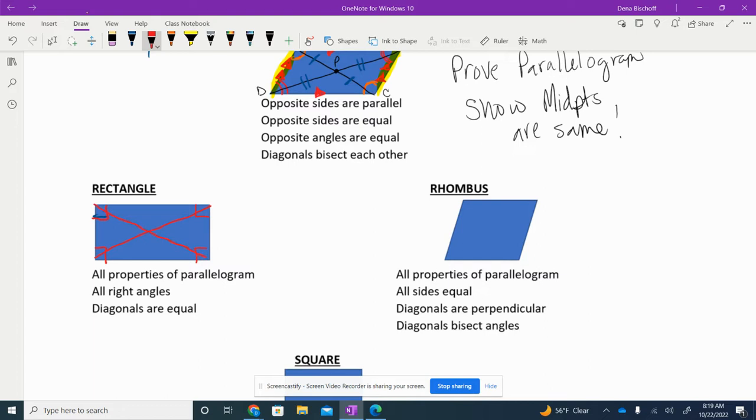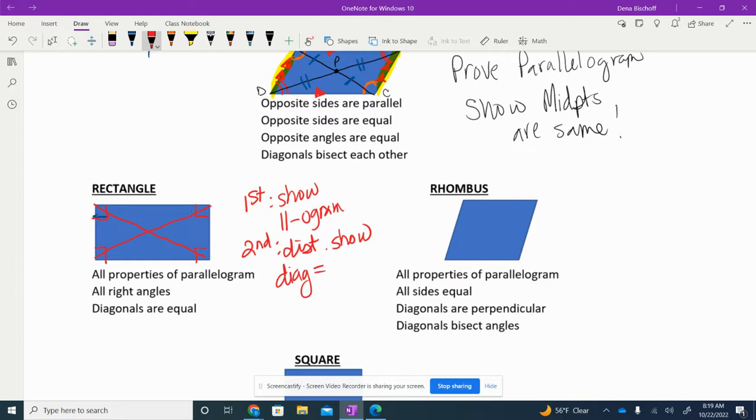If I were to prove that I had a rectangle, I would first show that it's a parallelogram. Remember, those two lines next to each other mean parallel, it's not 11. So I would show that it's a parallelogram, and then I would use the distance formula to show that the diagonals are equal.